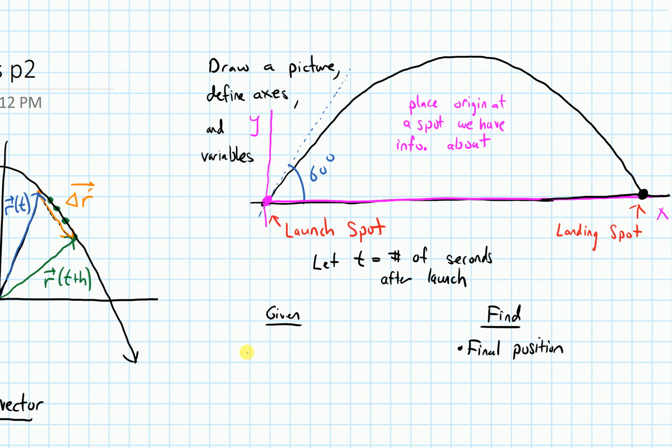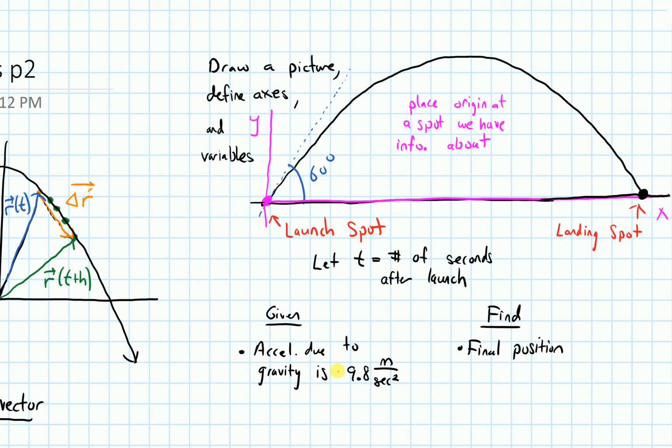What is it that we're given? One thing that we're given is the acceleration due to gravity. Even if a problem like this doesn't tell us what that is specifically, the acceleration due to gravity is something that's known. So that is 9.8 meters per second squared.